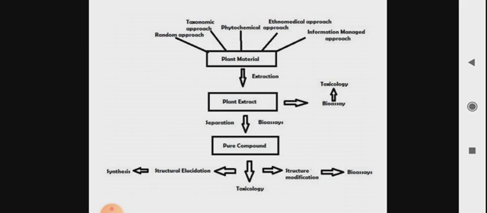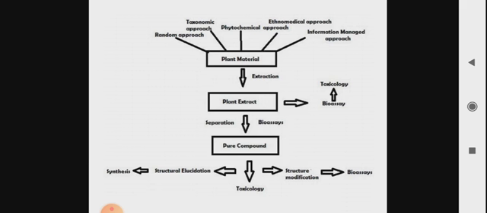Then phytochemical, as I already told you. If the same type of chemical constituents are in the plant, then we can go for further study. Then ethnomedicinal approach means what the old claims were in olden days or ancient times, what the use of these plants or parts of these plants was for diseases or disorders.